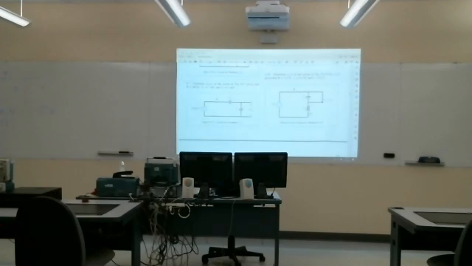Okay. Is it stable? It is, because that's in the left half of the plane, it has a negative real part. That goes along with the impulse response being e to the minus 6t. It's a decaying exponential. If this were s minus 6, that would be e to the plus 6t, an increasing exponential.